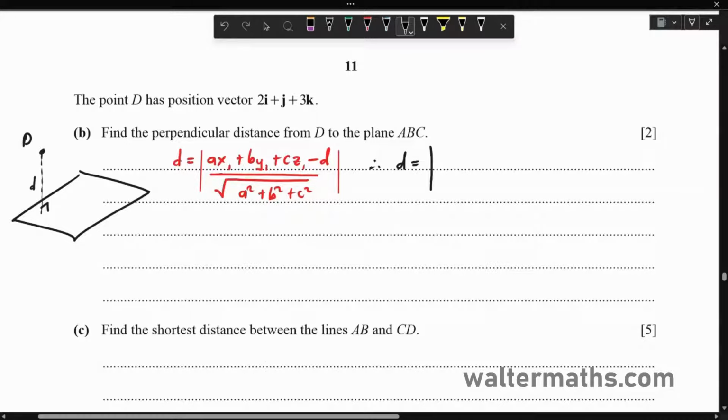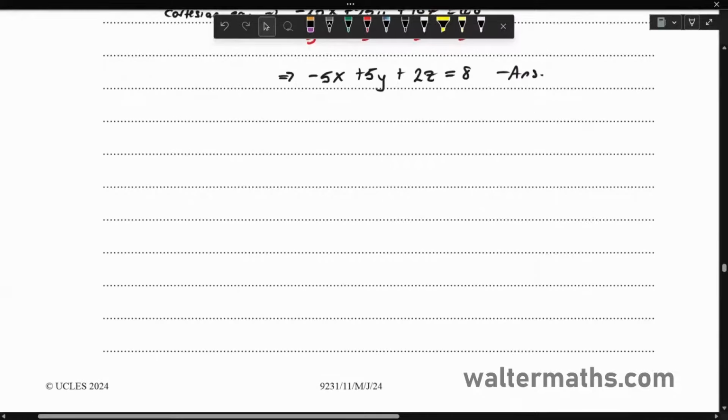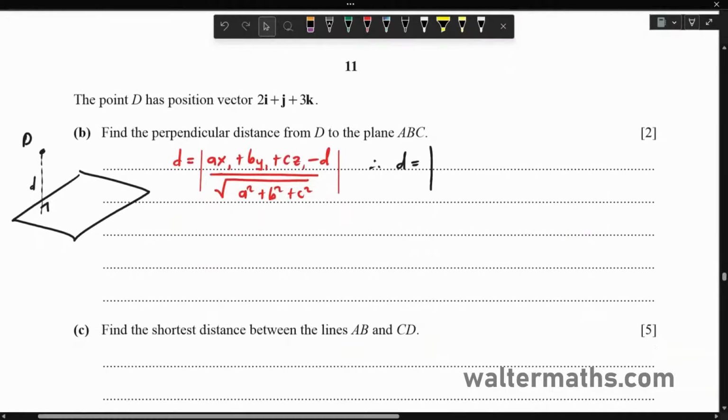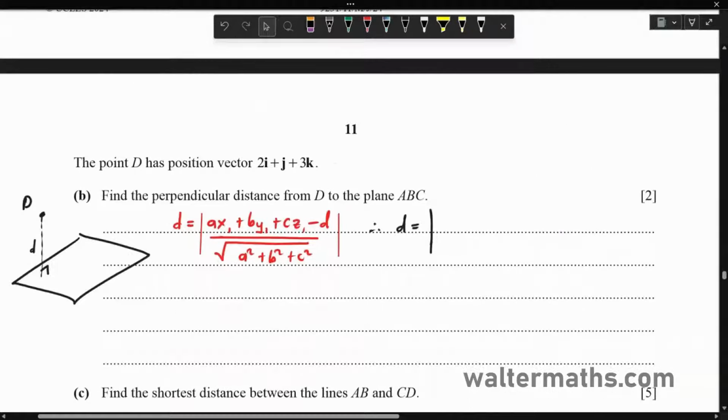Remember the equation of the plane is what we got right above. That's ax + by + cz = d, alright. So I'm going to place it on here because we're going to make use of this.